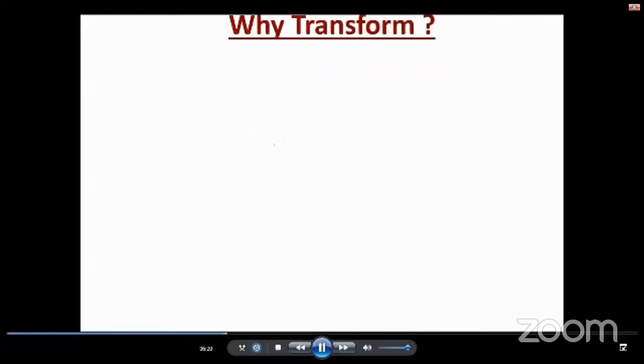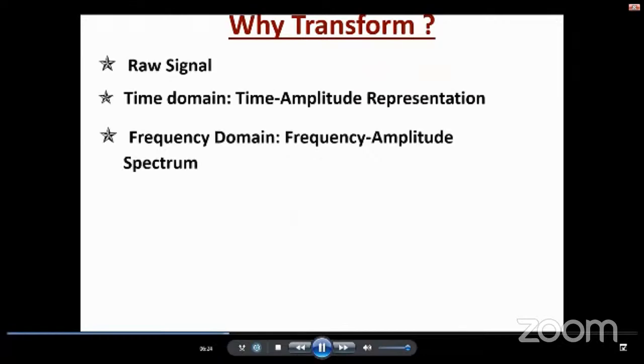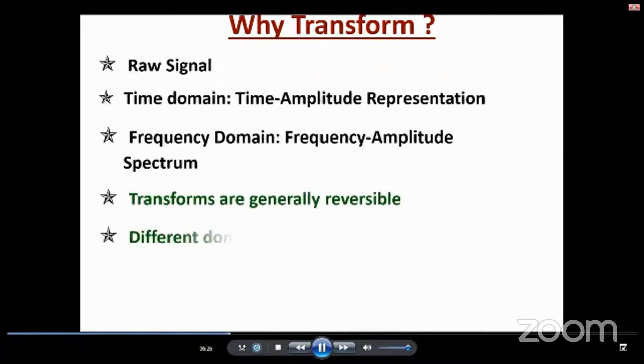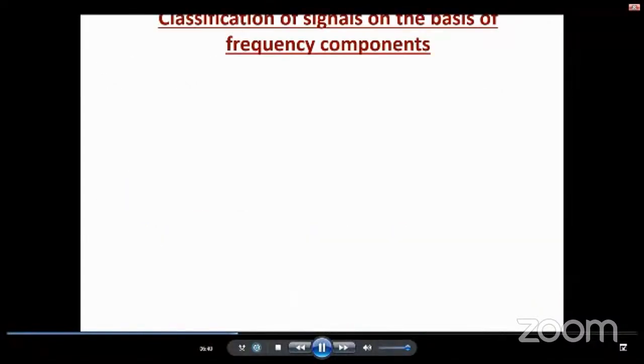So why is the transformation needed? The transformation of a raw signal is needed because a raw signal is mainly a time domain representation of the signal. So a transformation gives the frequency domain component of the signal as well, because we need to know what types of frequencies are present in the signal.